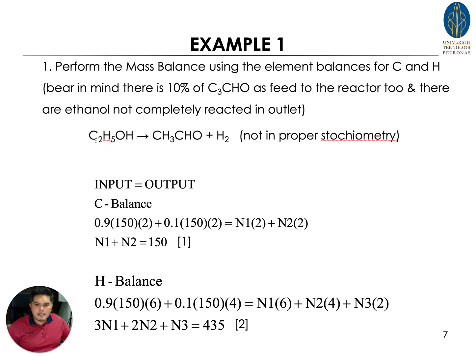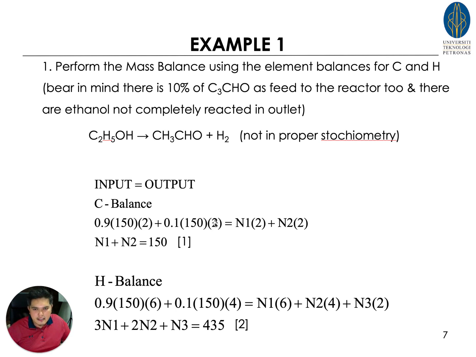For the carbon balance we have 90% ethanol, multiplied by 150 mole per second, multiplied by 2 because we have 2 carbon atoms, plus 0.1 times 150 times 2, because in acetaldehyde we also have something in the inlet, but it is only 10%, and it also has 2 carbon atoms.